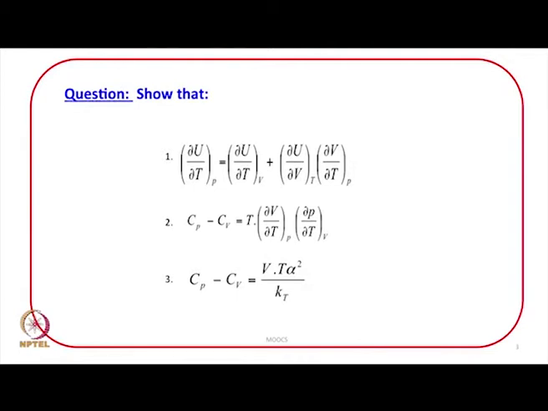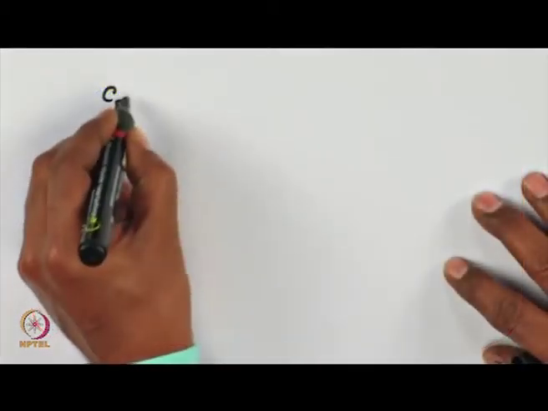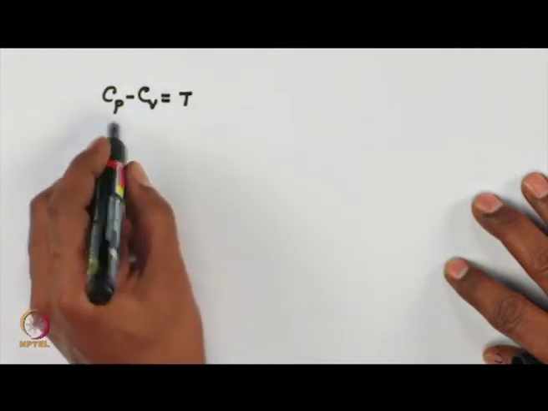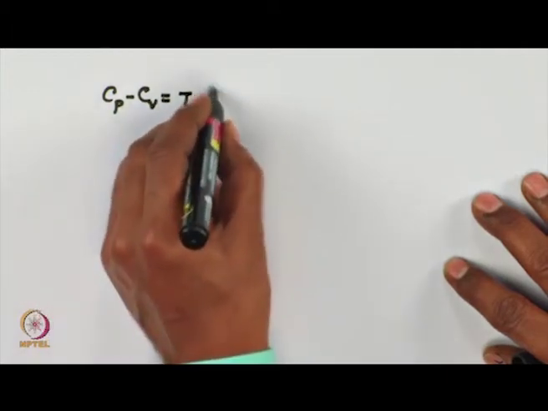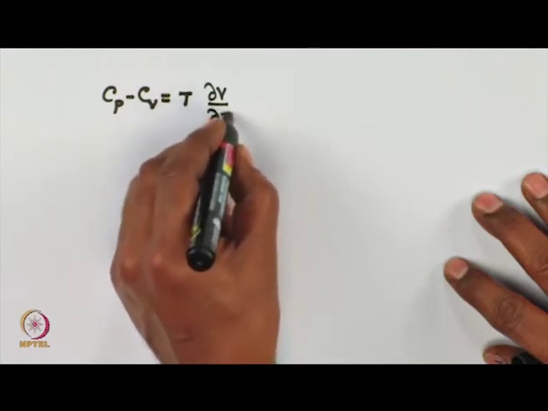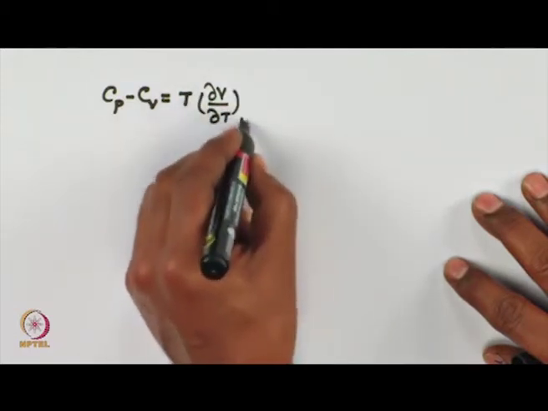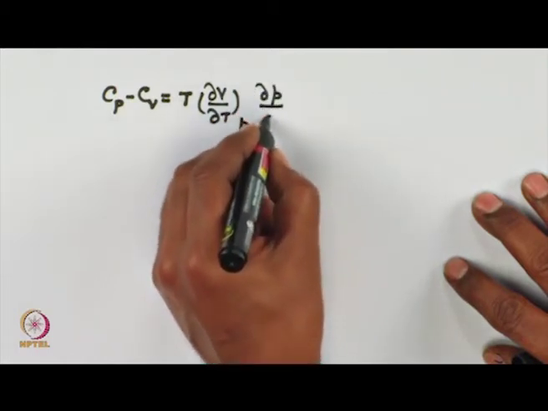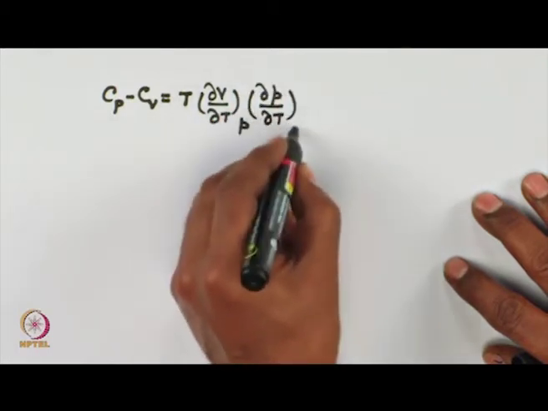The equation that we derived is Cp minus Cv is equal to temperature into the variation of volume with temperature at constant pressure, into the variation of pressure with temperature at constant volume.